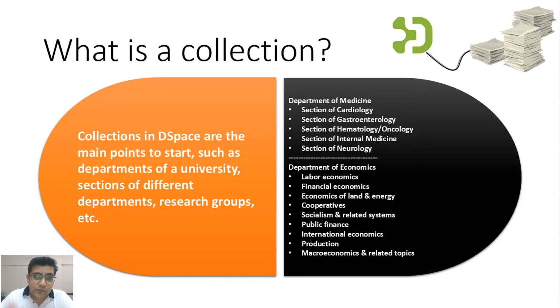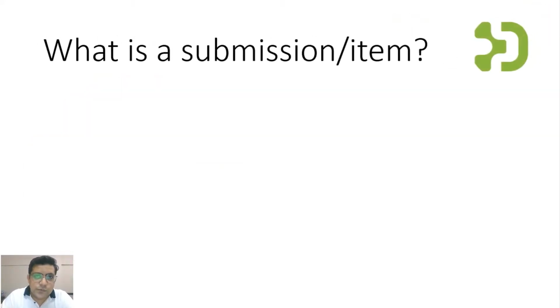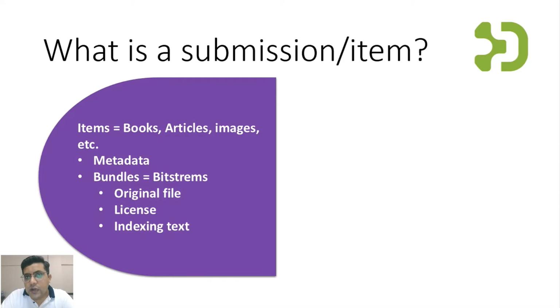So we can follow DDC 3 summaries here as the community, the sub-communities and the collection, and then we need to submit items. So the items would be your books, your articles, images, or whatever you would like to submit in DSpace. So they call it a submission.